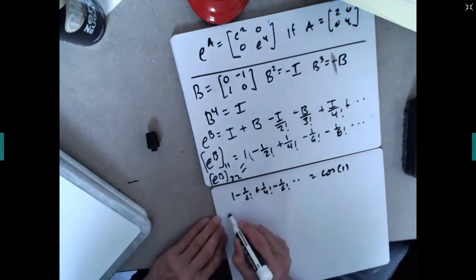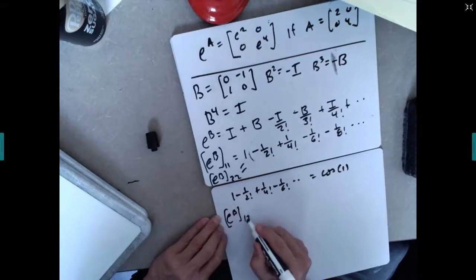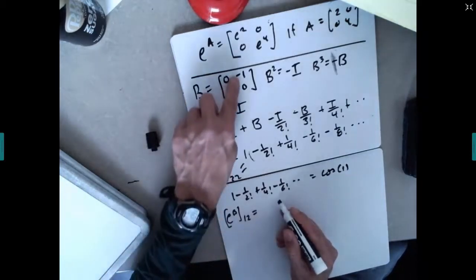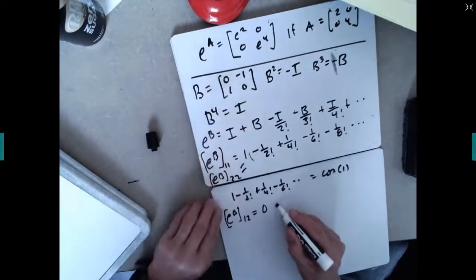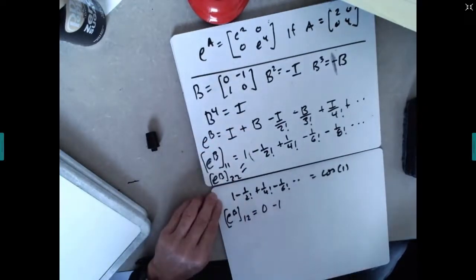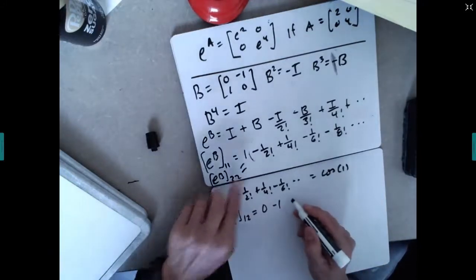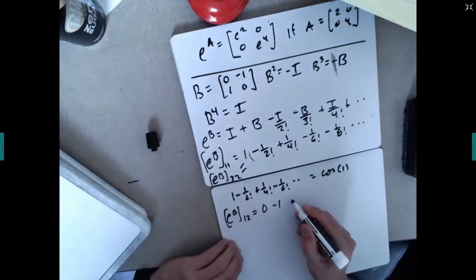Now, if we look at e to the B, first row, second column, that starts off with a negative. That starts off with a 0 for the I. Then it goes to the negative 1. Right? Then it gets skipped.